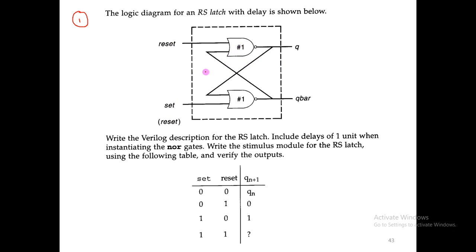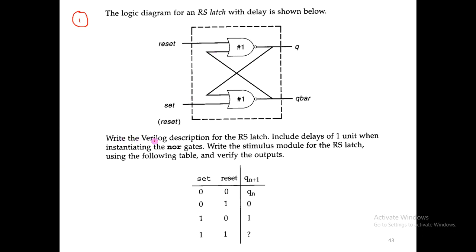That concept you already know. This is a NOR gate, and the delay specified for that NOR gate is 1, and similarly for the next NOR gate, the same delay of 1 time unit is specified. Reset and set are the 2 inputs, Q and Q bar are the 2 outputs.